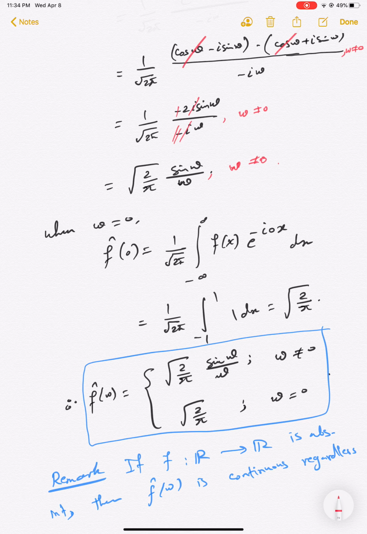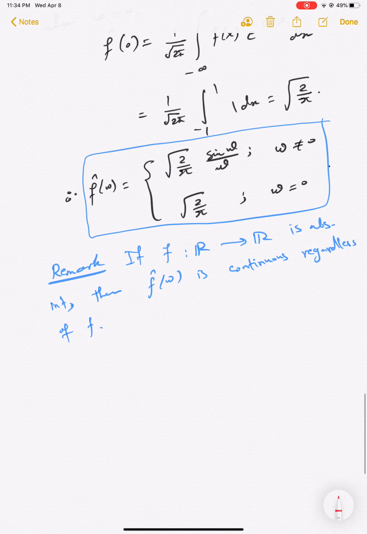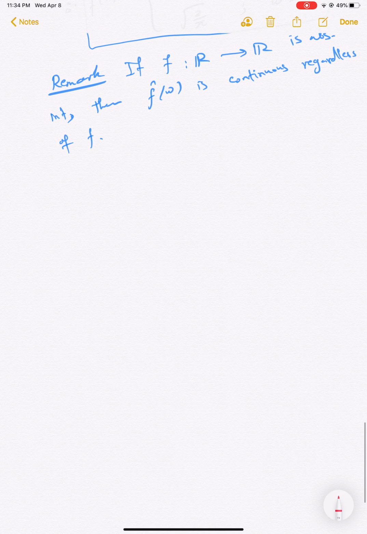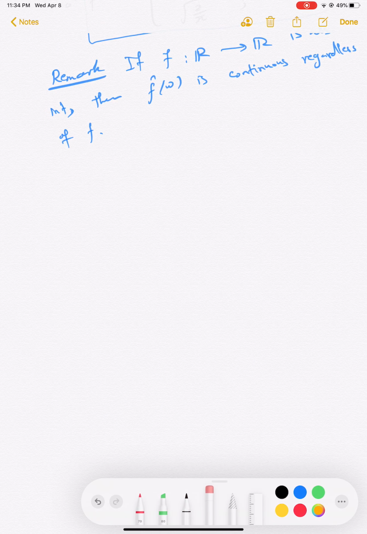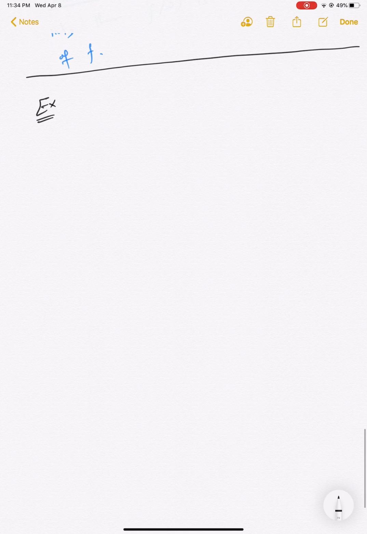So this is our first example on the Fourier transform. Let's have another example before seeing the inverse formula. Again, I need an absolutely integrable function. So this time I'm taking the function e to the minus absolute value of x, and let's find the Fourier transform.